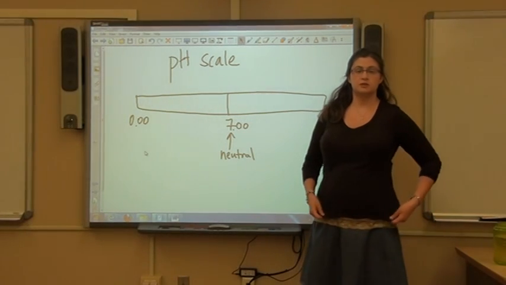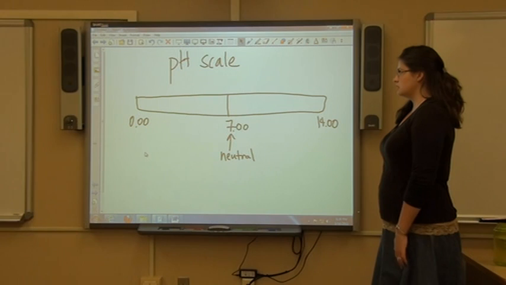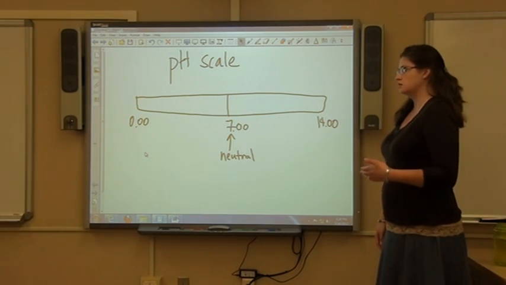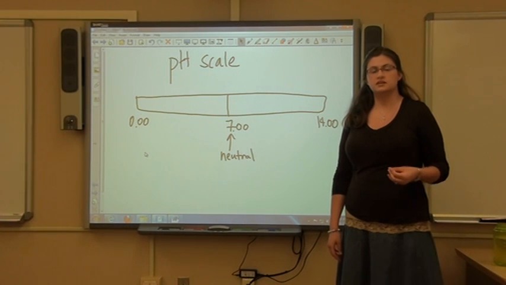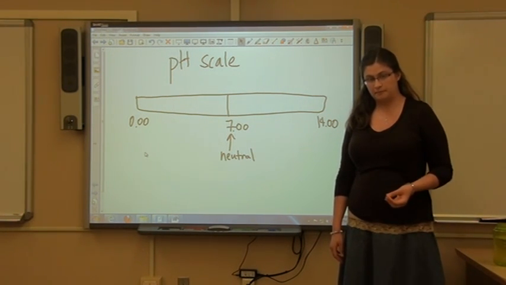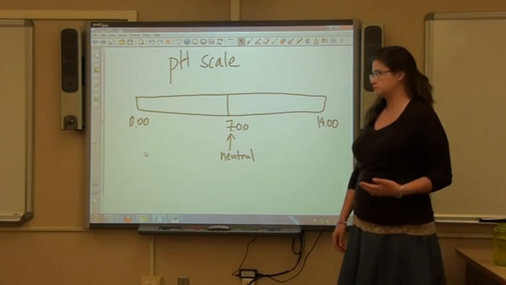Okay, now let's talk a little bit about the pH scale. The pH scale is a way of quantifying in understandable numbers how acidic or basic a substance is. So the traditional pH scale goes from 0 to 14.